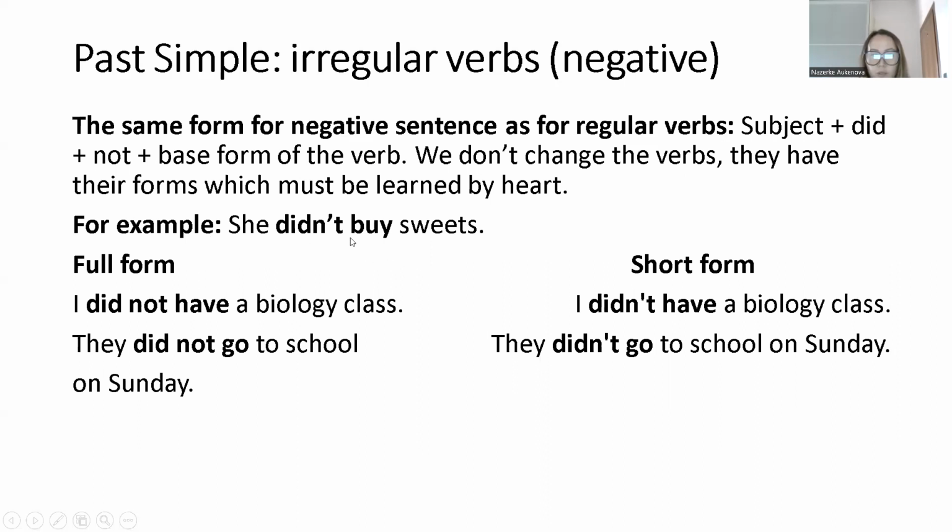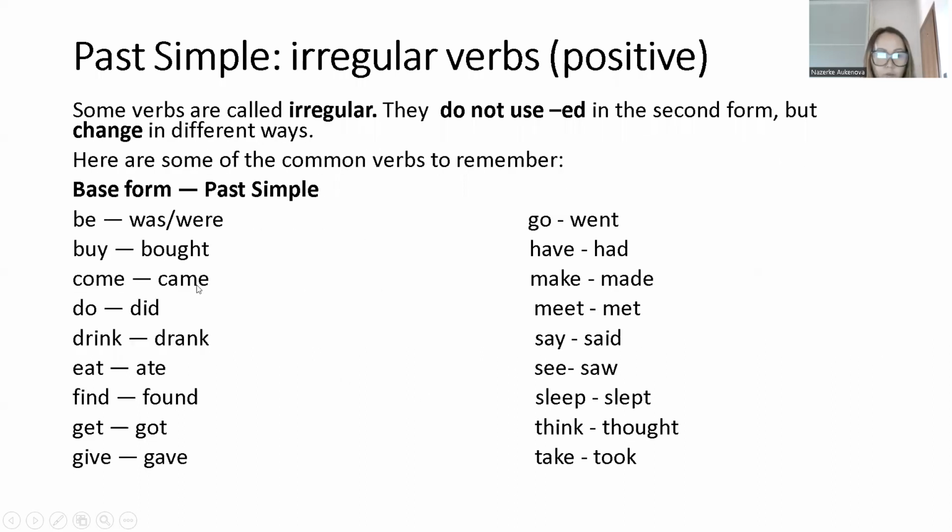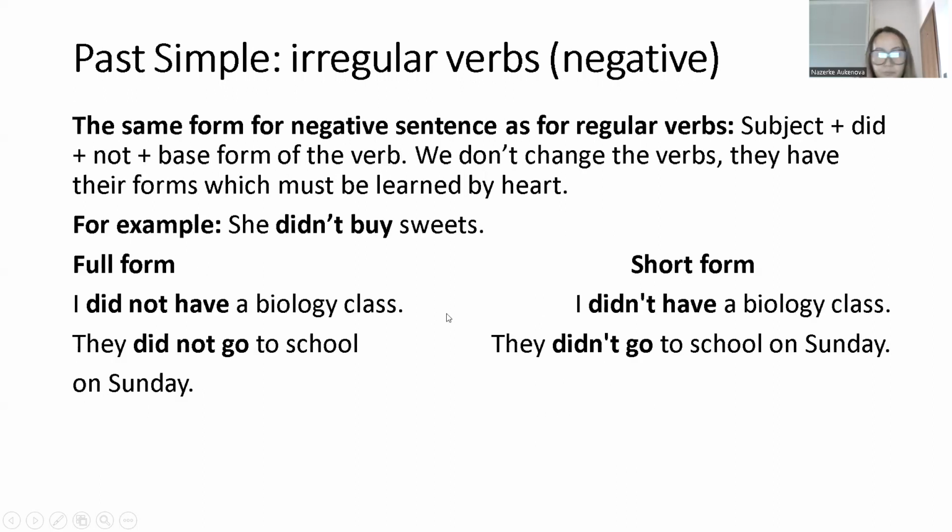For example, buy is an irregular verb and we cannot add the ending ed. So you have to remember that buy in past simple will be bought. Here you have buy, and in past simple you see here bought. So buy is the infinitive in present simple, and the past simple second form of the verb is bought.